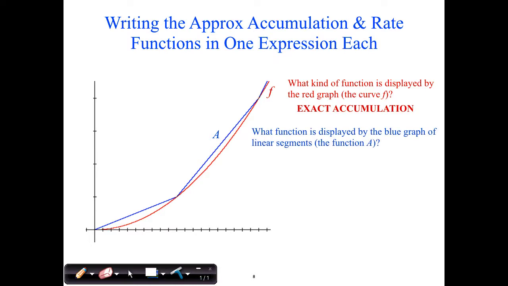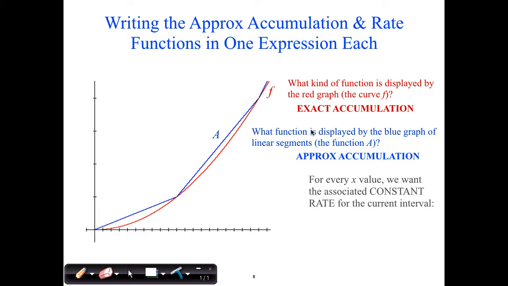The blue graph A here, this piecewise linear function, instead of exact accumulation, is going to be approximate. And you can call it net or total. Based on our previous example, that was area of a square, so that'd be total. It started from 0, and that's the smallest we could have ever started from. But it would be approximate in any case.